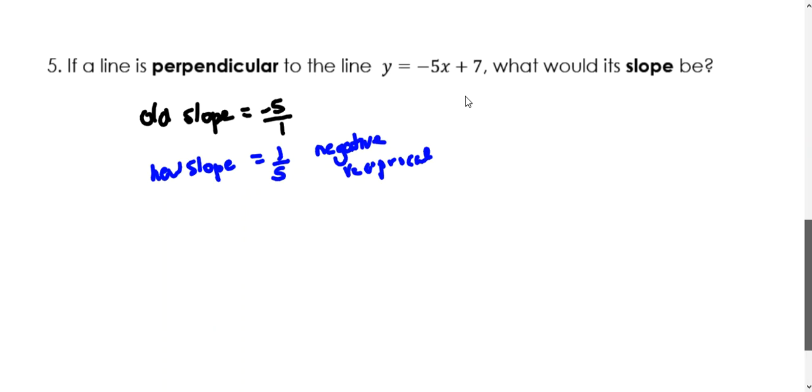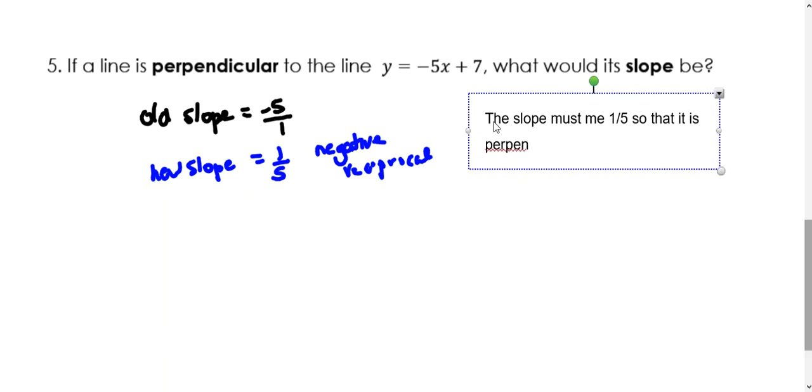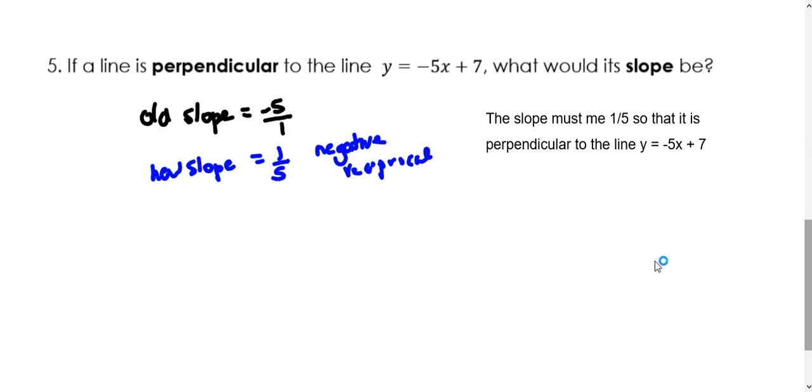I'll just end this off in a sentence. The slope must be 1 over 5 so that it is perpendicular to the line y equals negative 5x plus 7.